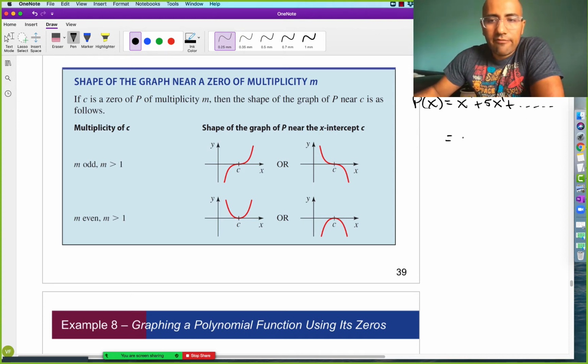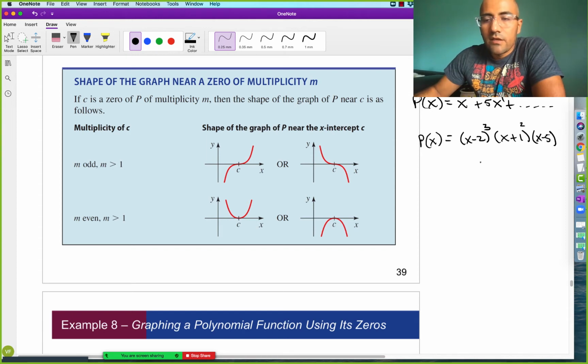But let's say that after I factor it, the whole thing turns out to look like this: x minus 2 to the 3rd power, x plus 1 to the 2nd power, x minus 5 to the 4th power. Okay, so let's say that that's how it factors.